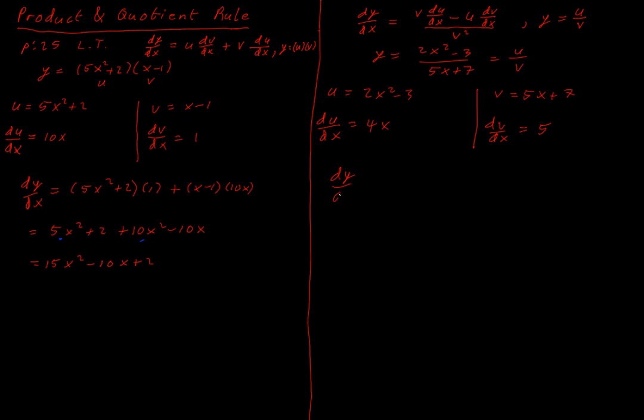So dy dx, subbing into my formula, is going to be v du dx minus, this time, u dv dx all over v squared.